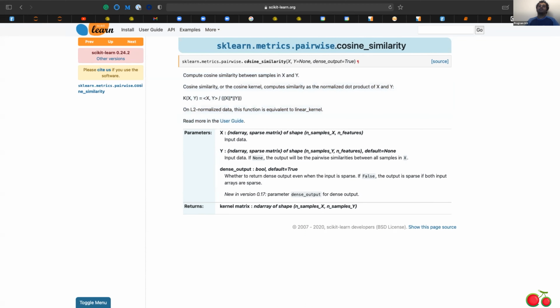So in this case, you have cosine similarity, so here you give your vector x, you give your vector y, and then you'll just get a kernel matrix essentially.